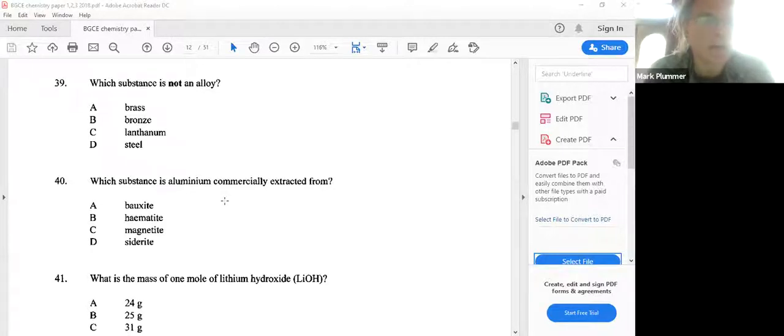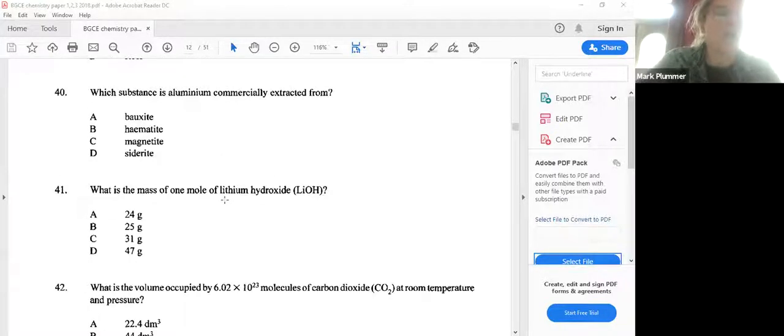When I've fed back tests, if you're a student, there's nothing more annoying than putting down the wrong answer when you know the answer, and the only reason you got it wrong is because you put the wrong thing down because you didn't read the question properly or you rushed it or something like that. So take your time and check. So the answer to number 40 is A.